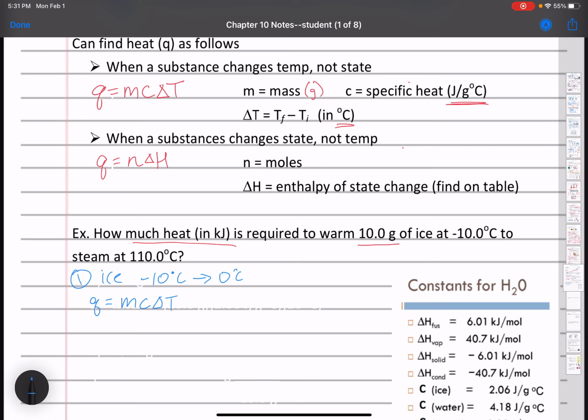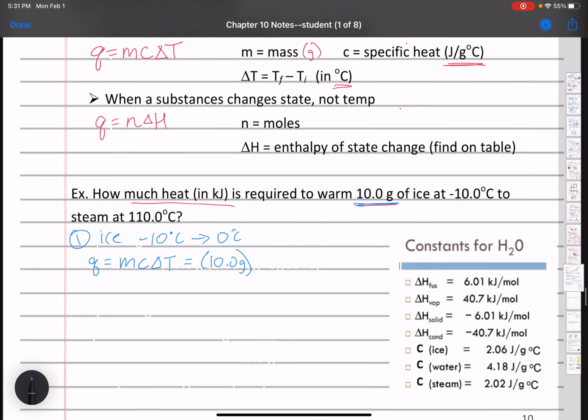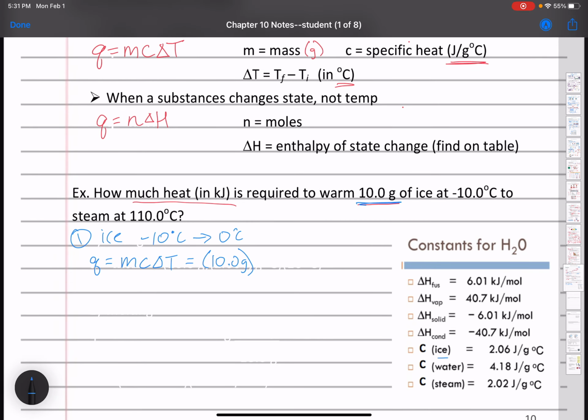The mass is 10 grams. The specific heat of substances is dependent on its state, so you can't just look up the specific heat of water. It's ice that we care about. So the specific heat of ice is 2.06 joules per gram degree Celsius.